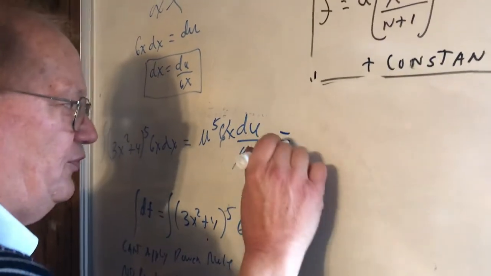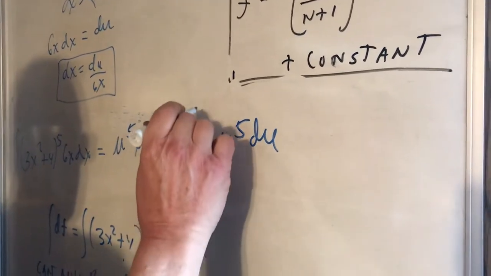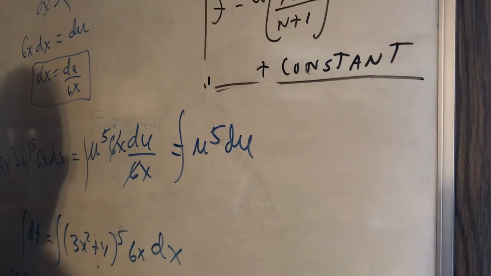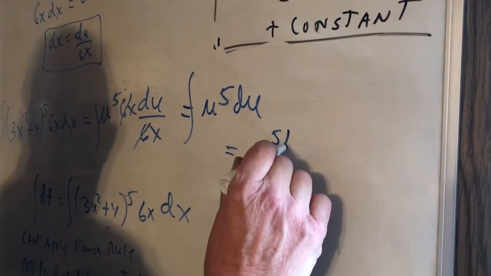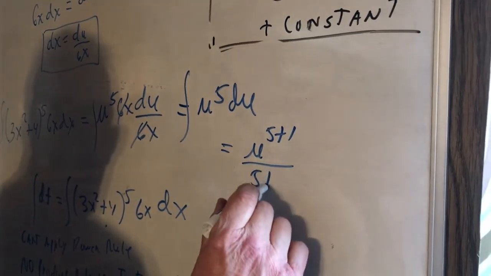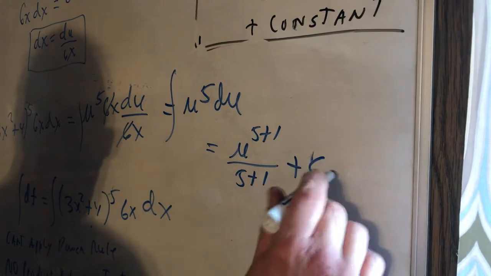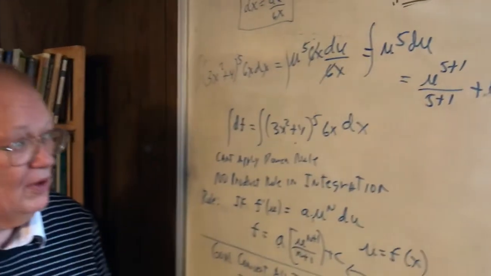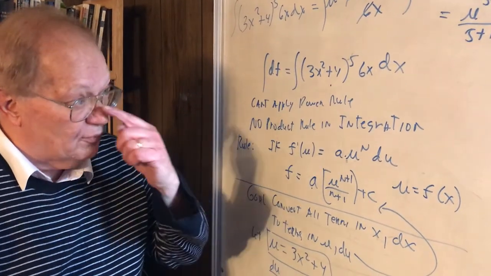Notice I got u to the 5th du. I can now use this in here, and I'll just write down the answer, and then we'll do it next time. Okay? And we'll finish that next time when we're starting out with the chain rule of integration.